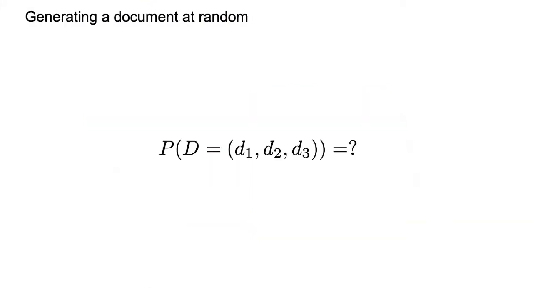All right, so what is the probability of the document being D1, D2, D3 then? Can you tell me? Somebody on Zoom, maybe, in the Zoom chat? We are under the unigram model. Ah, here, a raised hand.